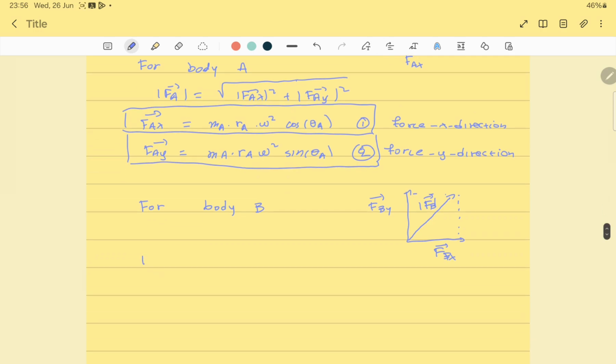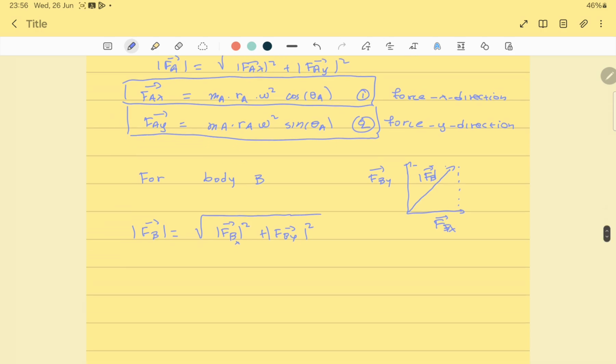Like before, for the magnitude FB, I use the Pythagoras theorem to calculate this length. So it should be FBX squared plus FBY squared.